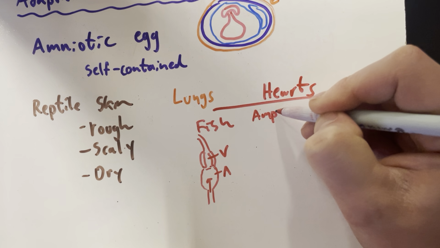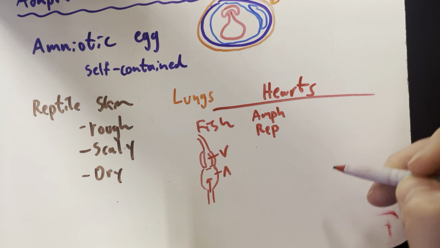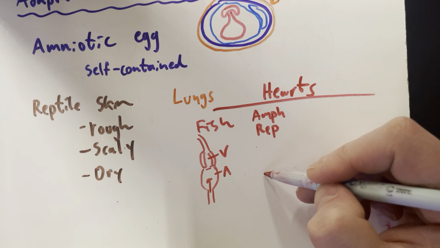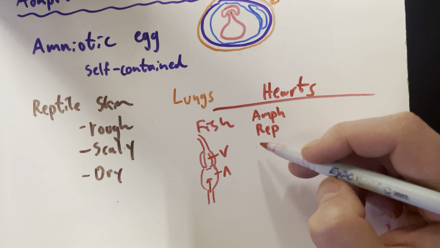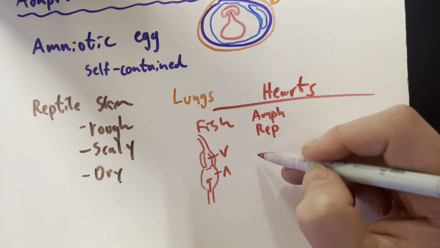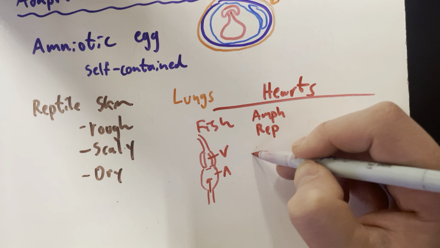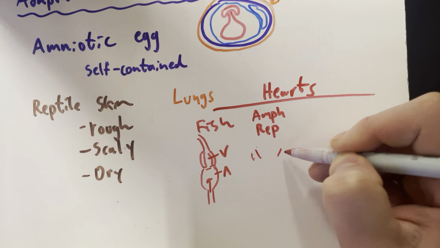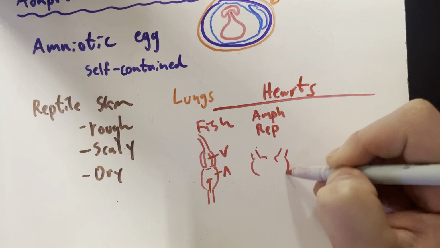Amphibians and reptiles have a three-chambered heart. So theirs looks a little bit more like this. They have blood coming in from the body, and some blood coming in from the lungs, and they fill up these atria.